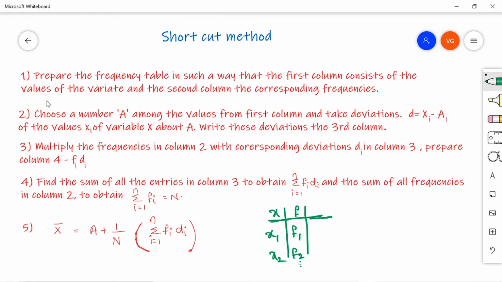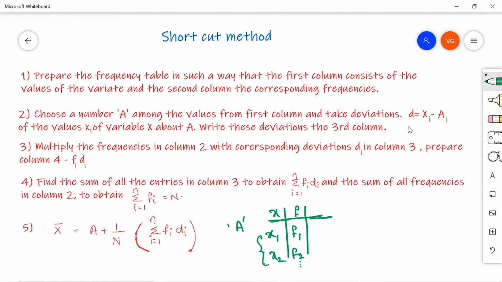Next, choose a number among the values from the first column and take the deviation. So take one common number from your values x1, x2, x3, and so on, right? If the numbers are big, take one common number and call that number a.